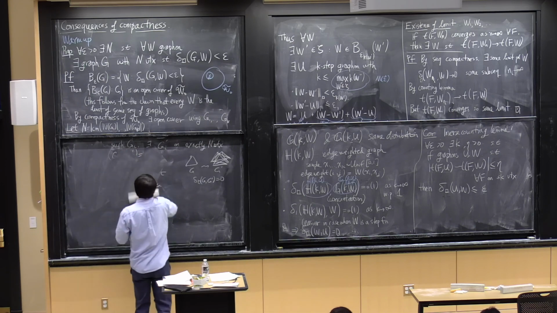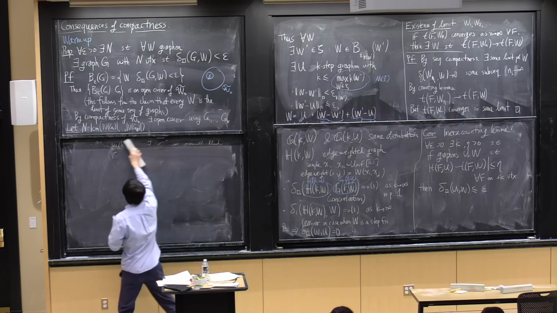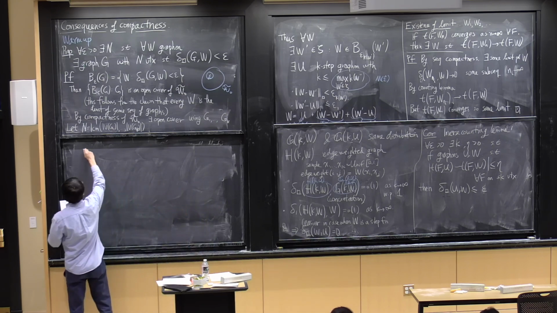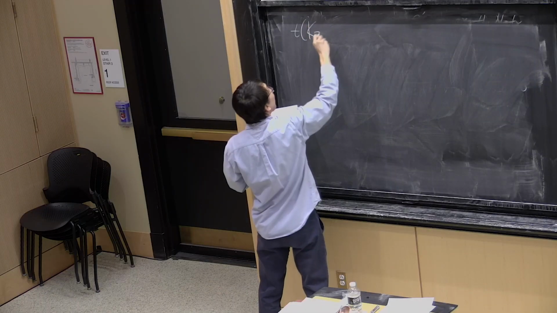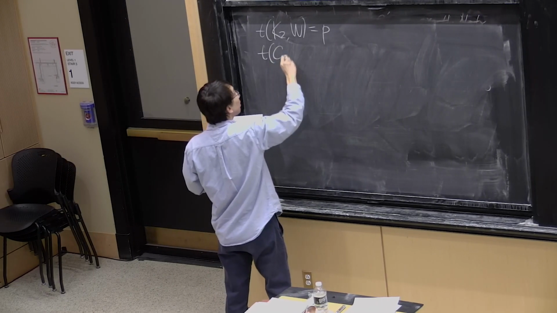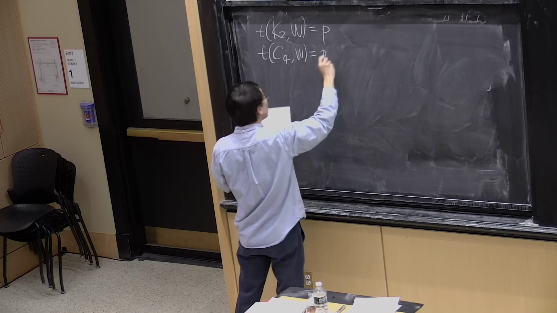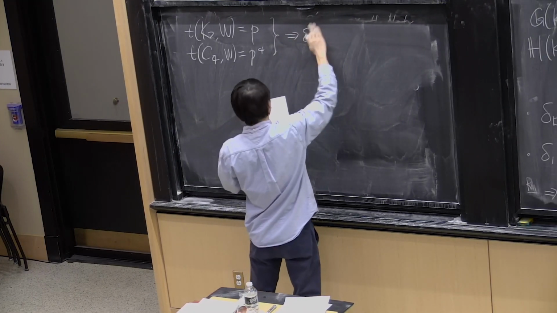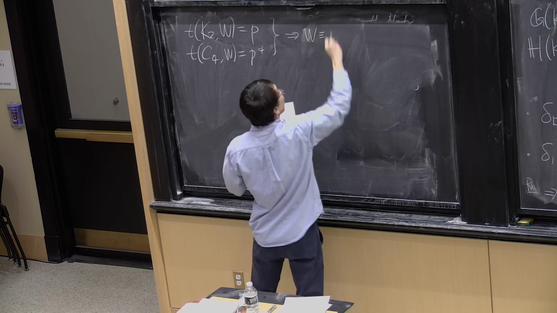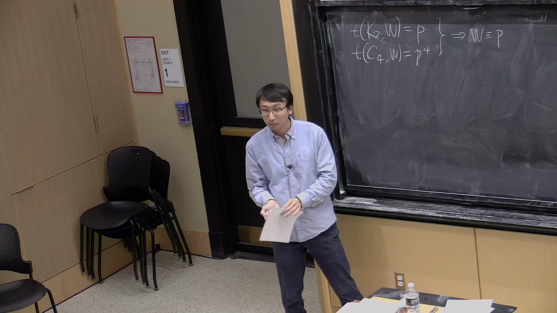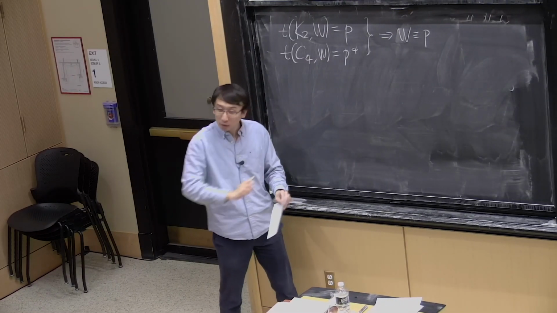This is actually a very interesting problem for which we already saw one instance. Namely, when we discussed quasi-random graphs, we saw that if you know that the K2 moment is p, and also the C4 moment is p to the fourth, then we can deduce that the graphon must be the constant graphon p. We didn't do it in this language, but that's what the proof does.